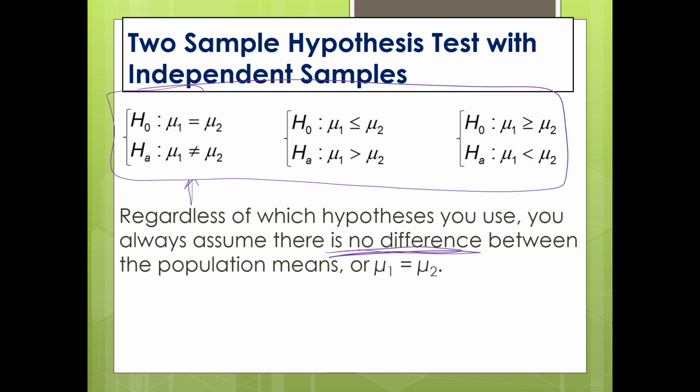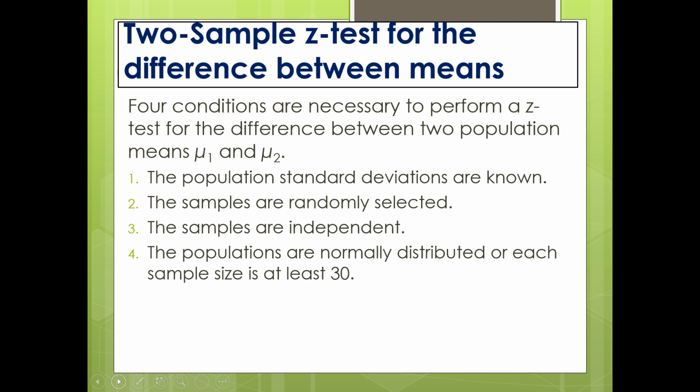Just like before in Chapter 7, if we had, let's say, mu is less than or equal to 5, we would always assume, or put in as our understood mu, we'd put 5 in. Okay, so again, we're assuming there's no difference here when we're actually doing the math. And that'll make more sense when you see the formula.